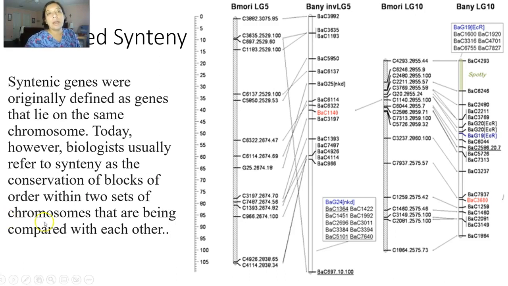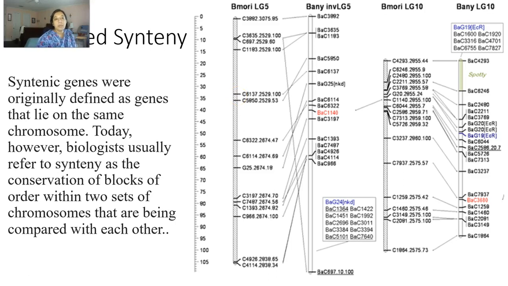So here is an example of some of those kinds of gene maps that we may make. What we would notice is that syntenic genes are genes that lie on the same chromosome. So you have some examples of syntenic genes and how they are recombinant, and their locations relative to each other in map distances, right?